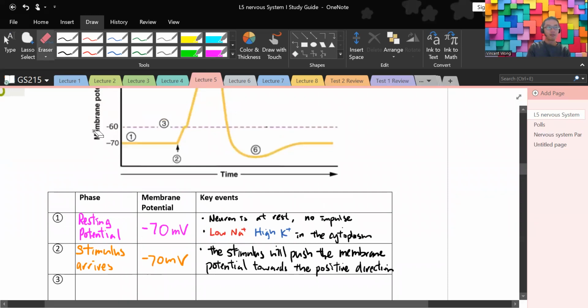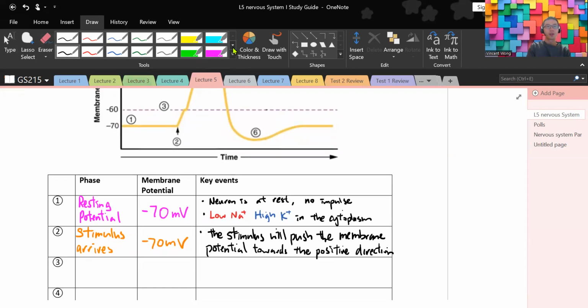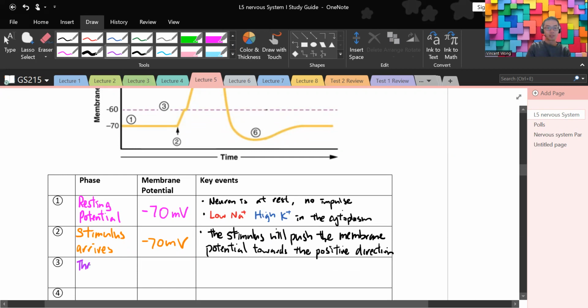If you have watched the recording, you would know that -60 is a significant number because it is what we call the threshold potential.